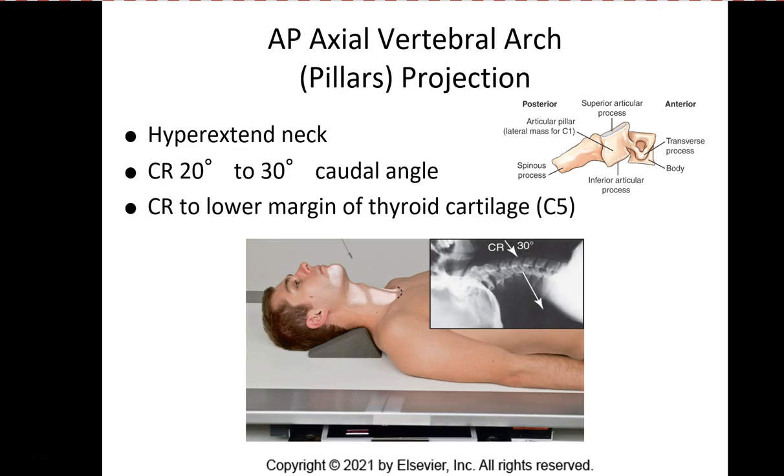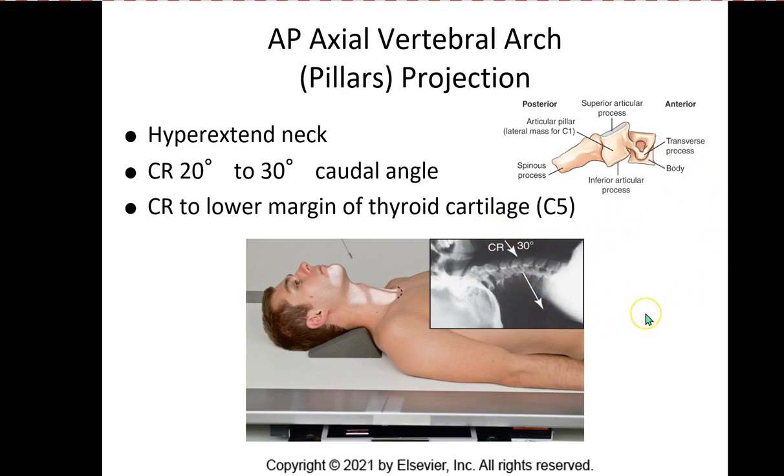So you can see the patient is supine and you ask them to hyperextend their neck if possible. So again, look up at the ceiling and really lift that chin up. Then you're going to throw on a 20 to 30 degree caudal tube angle, and really your tube angle should match that natural curvature of their neck, which you can see is achieved here in this diagram.